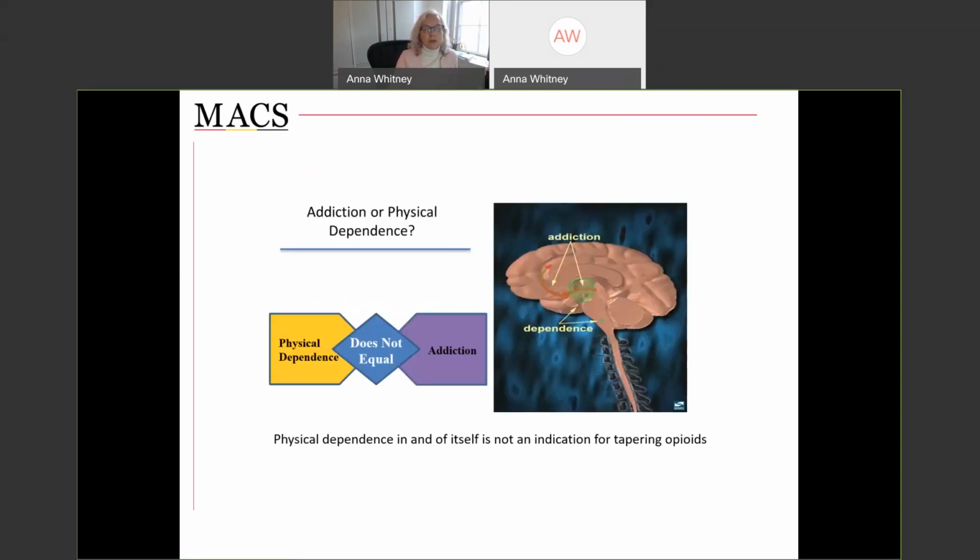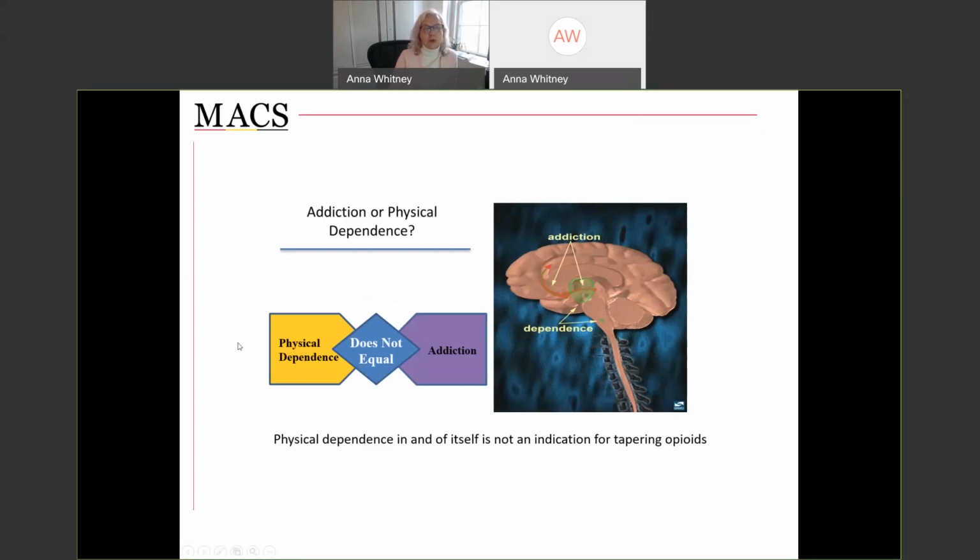We now know that addiction is a chronic brain disease that happens in a subset of individuals who get exposed to opioids, whether by prescription or not.